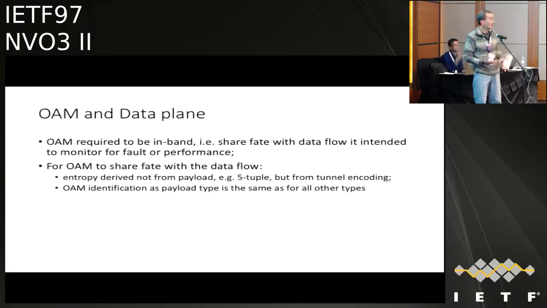Because if it's entropy derived from the payload, it's very challenging to ensure that OAM will have the same information. One example is IPv4, where we have 5-tuples. For that reason, there are no protocols that do fate sharing, or it's very hard to do. And OAM identification as payload is unambiguous and is the same way as identification of the type of a payload.